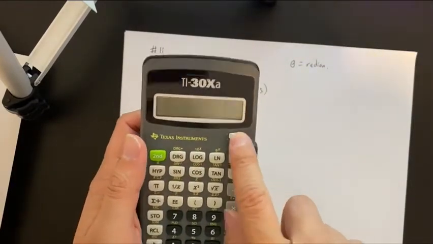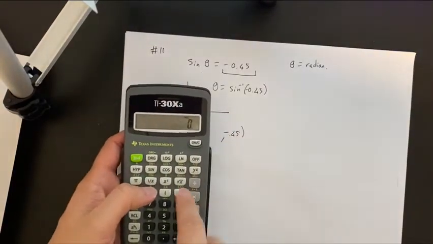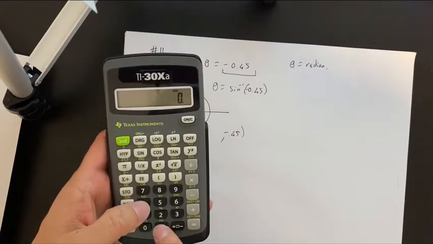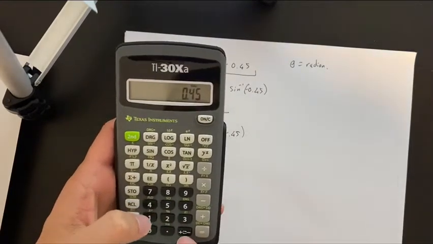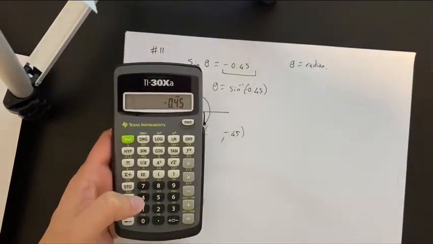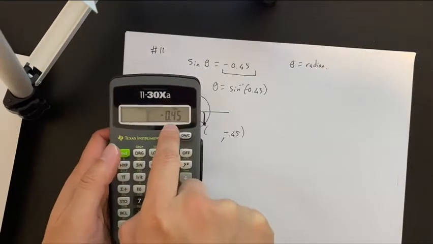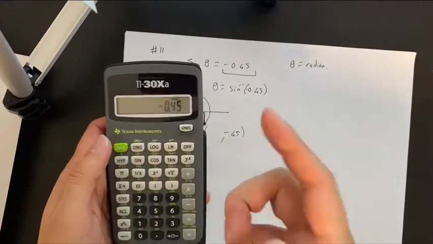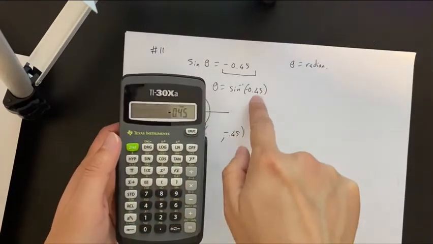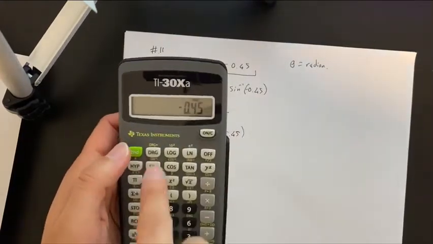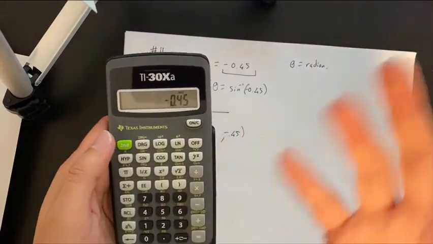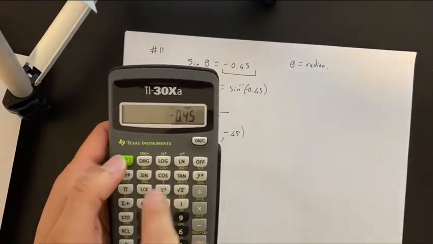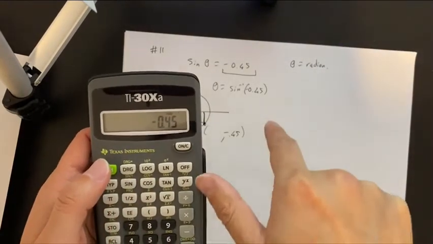Oh, yeah, I have to enter in. My calculator is not that fancy, so I have to enter in 0.45. It'd be a negative 0.45. And then I want to take the sine inverse of this. For my calculator, I enter in the input value, and then I apply the function. For you guys, if your calculator is a little bit more advanced than mine, you would do the function and then enter in the value.